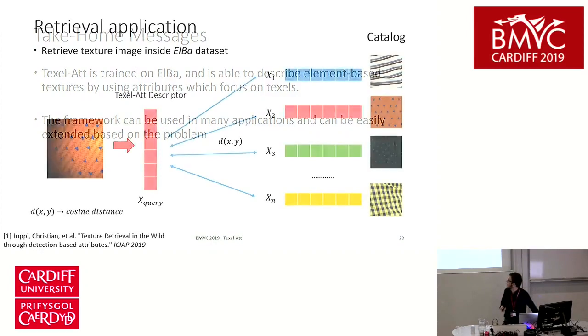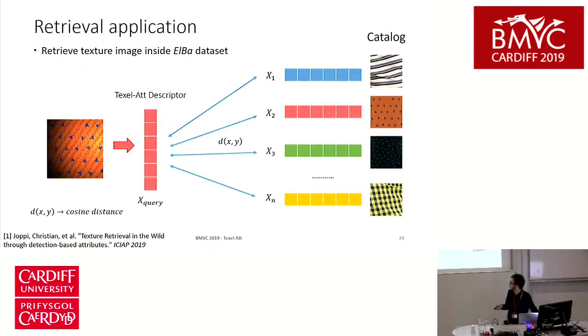This is an example of another application that we have published, in which we do a retrieval application. We describe the images using our attributes, and we perform a search in a similarity search setting that we find out is more robust to perturbations such as low resolution, lighting conditions, and impulsive noise than other comparative approaches.